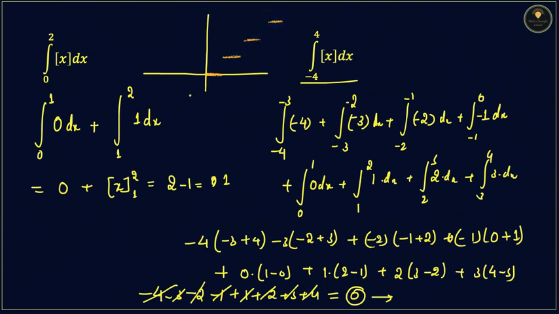You will do the same thing, and in other side also you will write this one is 1, this one is 2, and this one is 3, and this one is 4. So you will get the same area here. Once you are getting the same area, so if I will add all these areas, you will get the value as equal to 0. So that's the answer that you will get from here.